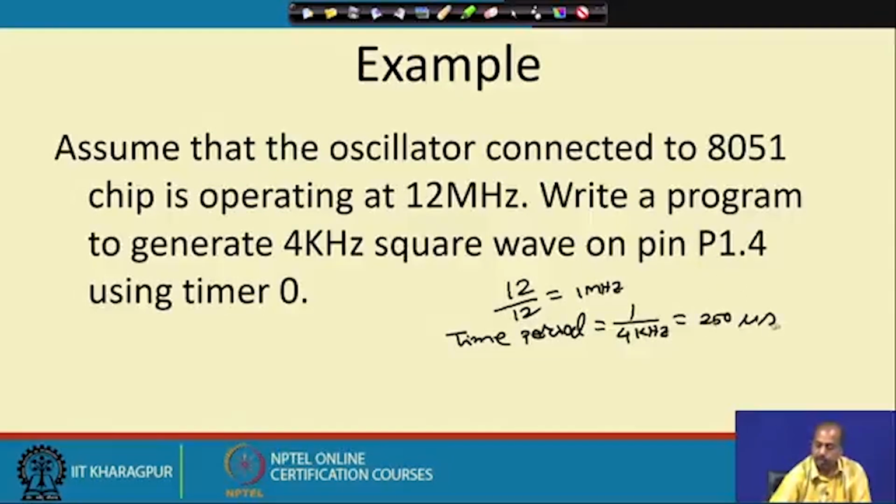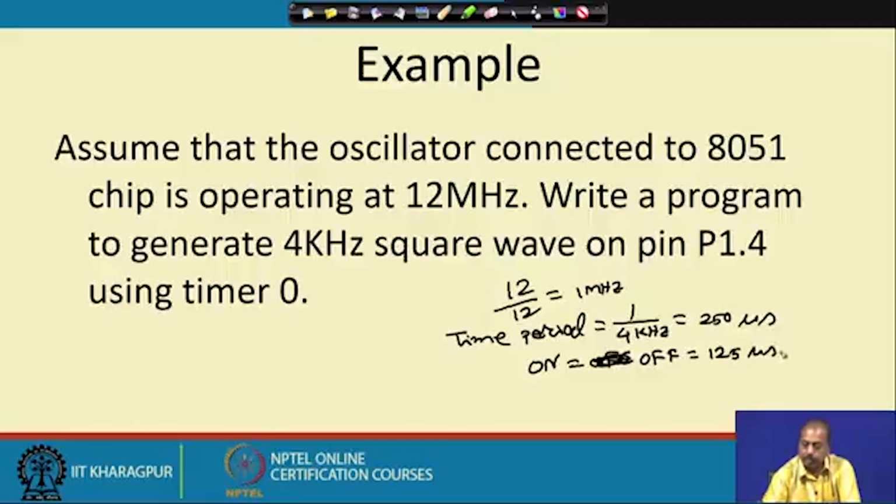If we assume that it is a 50% duty cycle square wave, then the on period and off period are the same, and they are going to be equal to 125 microsecond. So, what we need from the timer is a delay of 125 microsecond.